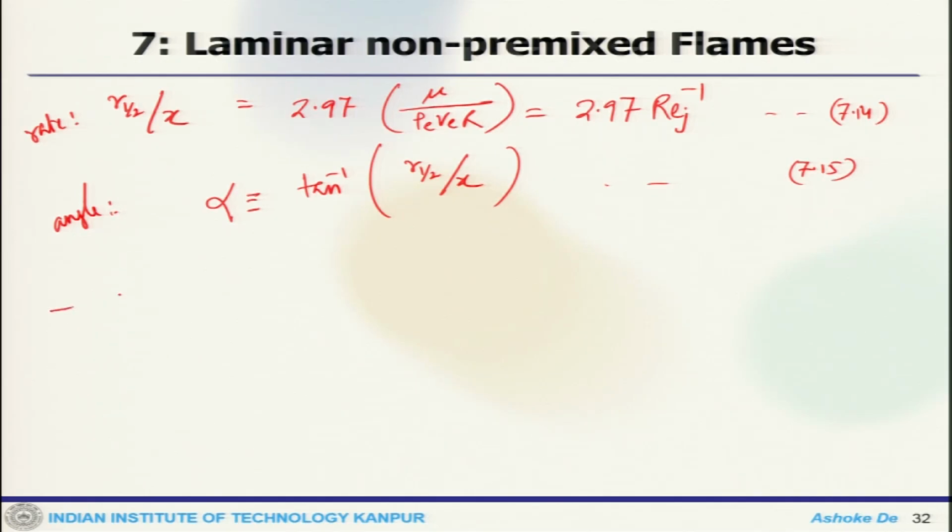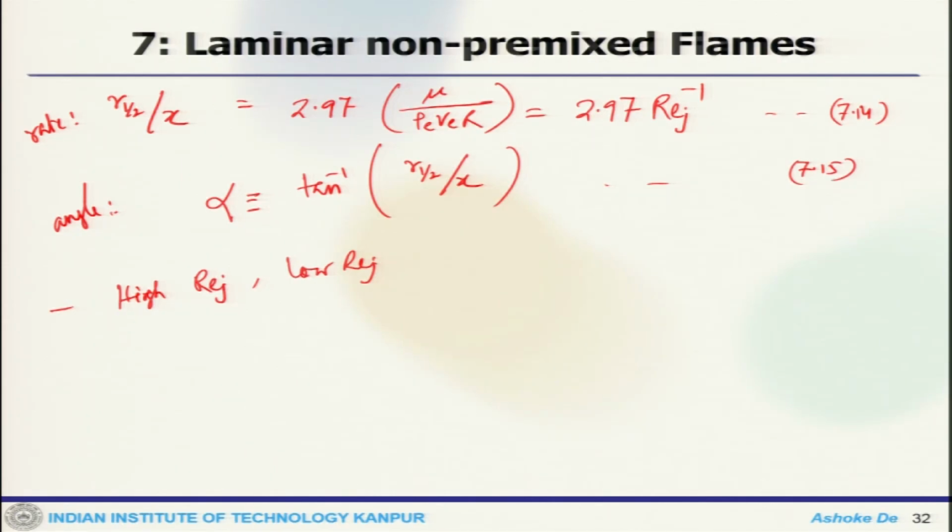So, high Re_j jets, that means high jet Reynolds number, are narrow, while low Re jets are wide, because this is inversely proportional. For a low Reynolds number case, the spreading would be more, for a high Reynolds number case, the spreading would be low.